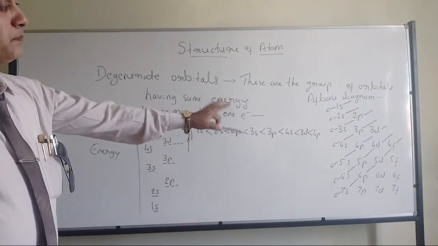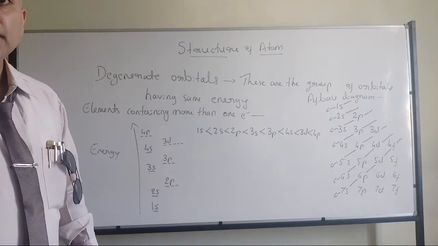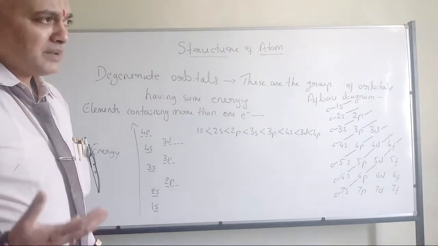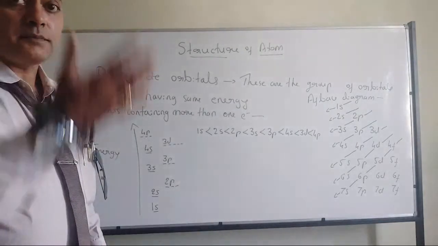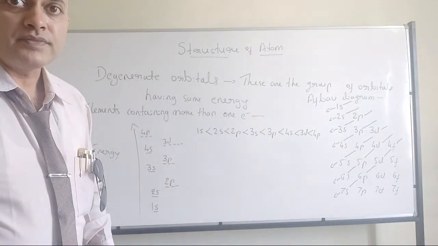The only thing is you should practice the Aufbau diagram. Aufbau is not a person's name. I think in German, Aufbau means building up. That's what it stands for. It's not a person's name.